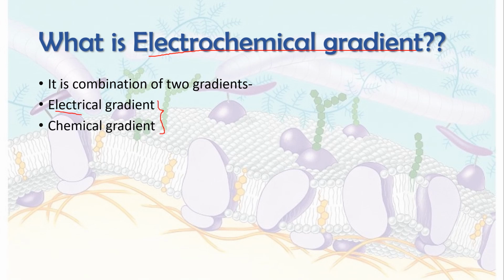The electrical gradient reflects the charge on a molecule, the gradient of charge. And the chemical gradient reflects the chemical concentration, basically the concentration of chemical at a particular region.